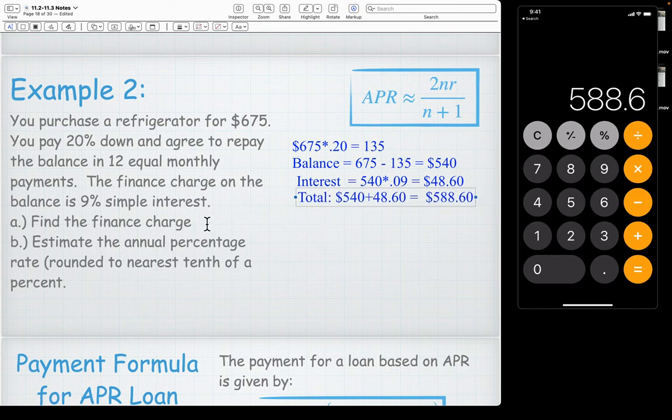Now, the finance charge was the $48.60. The total amount, which they didn't really specify, we needed to find, but that was $588.60. And we need to figure out what is the effective interest rate for this.